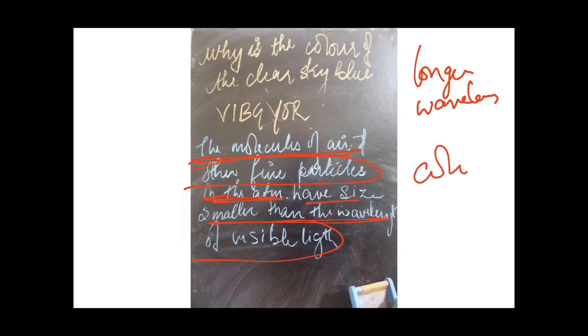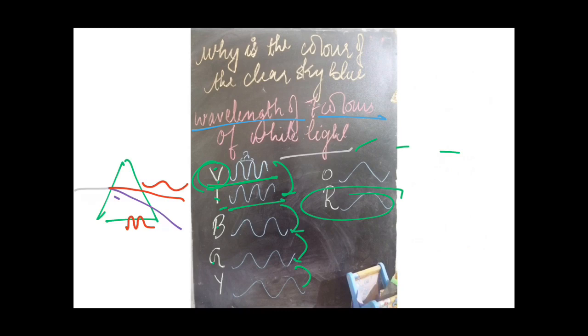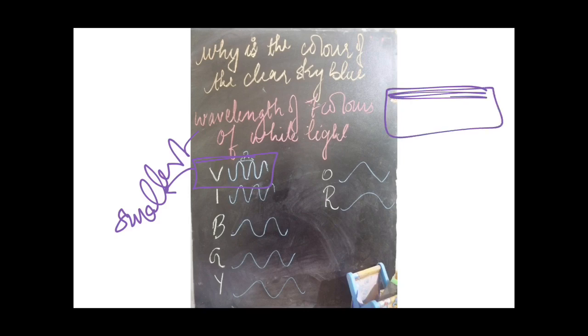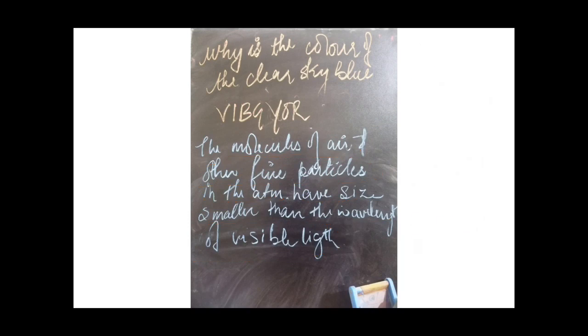The colors with smaller wavelength will scatter. Now here you can see which of these has the smallest wavelength. You can see that violet has the smallest wavelength. So according to the statement, the sky color should be violet, but no, the color is blue. So let's see the reason for that also.